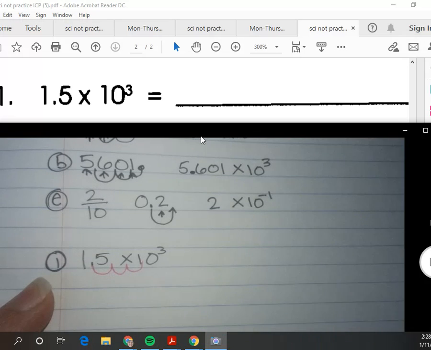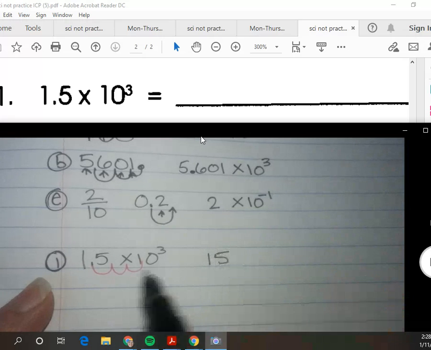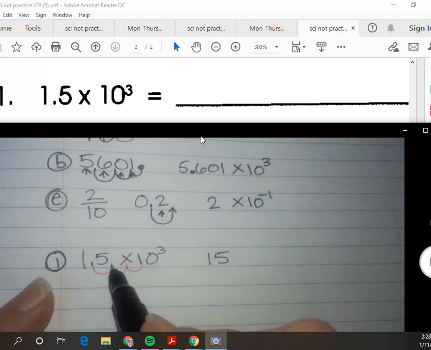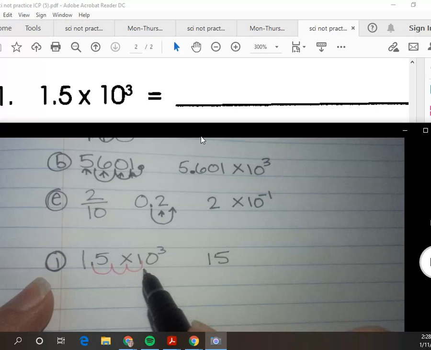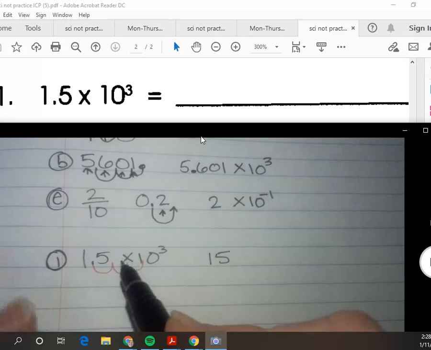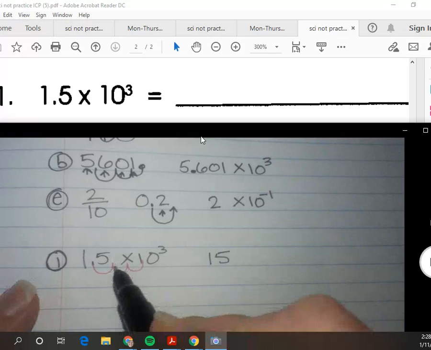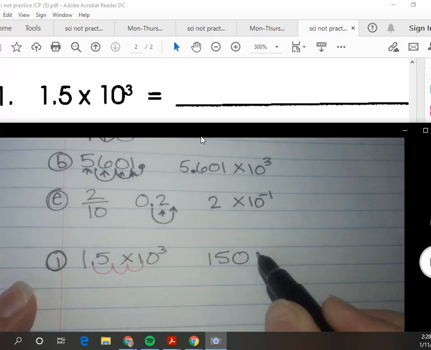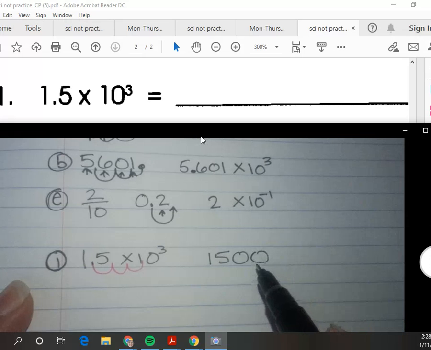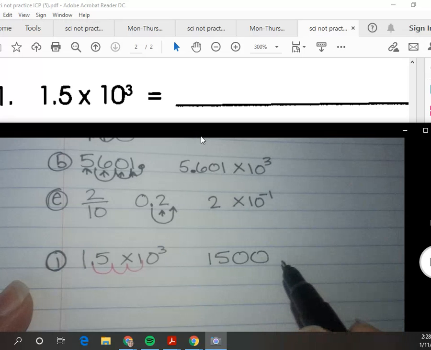Now, in this, when I go to write my number, I can move that around the 5, but then I'm going to put placeholding zeros in these empty spaces. So I have the 5 and then 1, 2 empty spaces. Okay, and that's my number. Thumbs up if that makes sense. No thumbs? No thumbs anywhere? Okay.